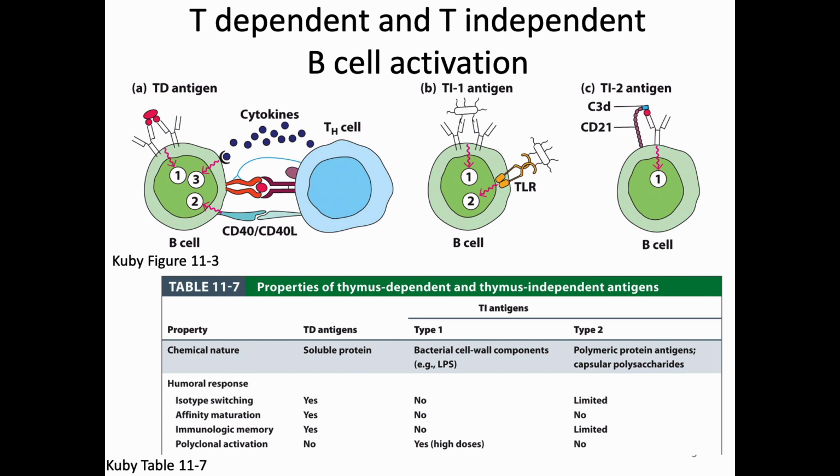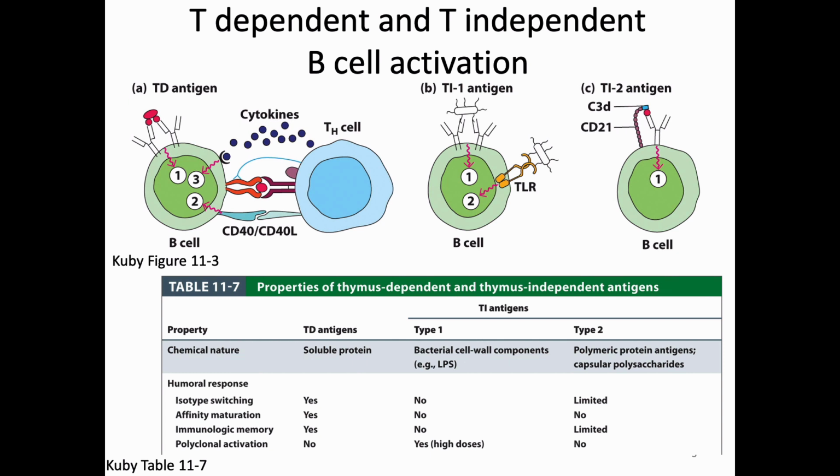If the B cell is getting activated in a T-independent way, it is still getting multiple signals, but those signals will come through other means. They might be through the B cell receptor and through something like a TLR, some kind of pattern recognition receptor. They also can sometimes be through the B cell receptor and some other protein.